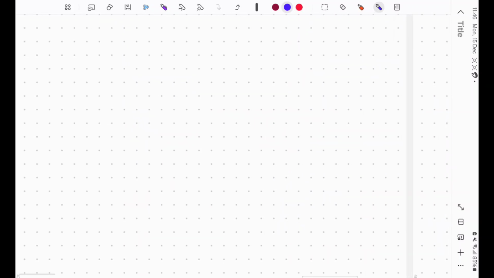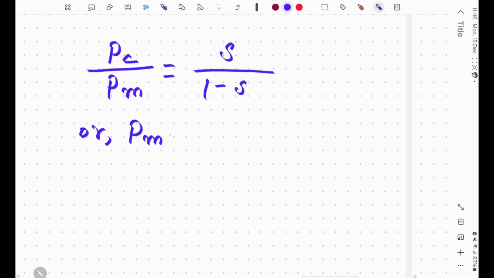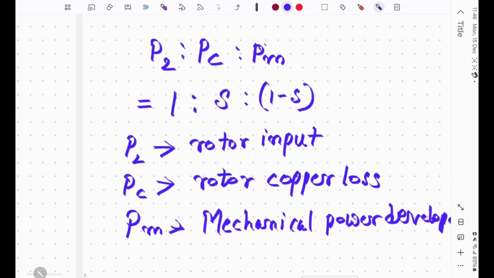So we can write Pc by Pm is equal to s by 1 minus s, or Pm is equal to 1 minus s into Pc by s. Now substituting the value of Pc from the previous derivation.